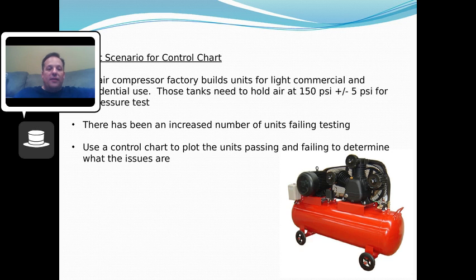For the control chart, same air compressor factory, builds units for light commercial and residential use. Those tanks need to hold air at 150 psi plus or minus 5 psi for a pressure test.